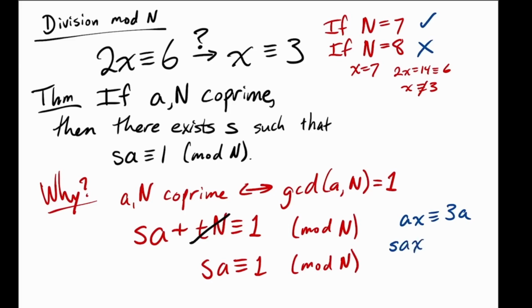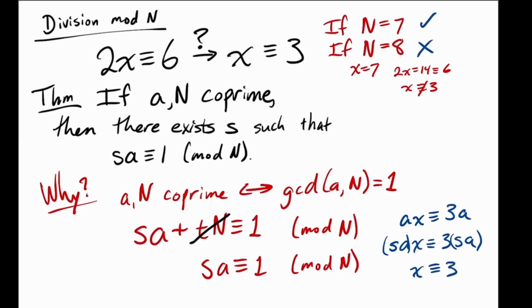So s times ax will be congruent to 3 times sa. That's me just multiplying both sides by s, and now because sa is congruent to 1, I can reduce this down to x being congruent to 3.